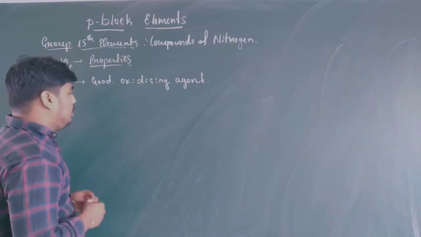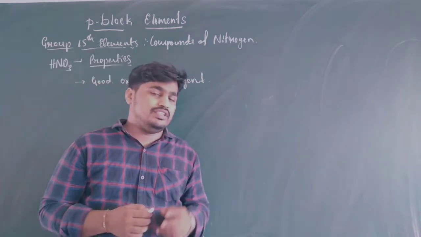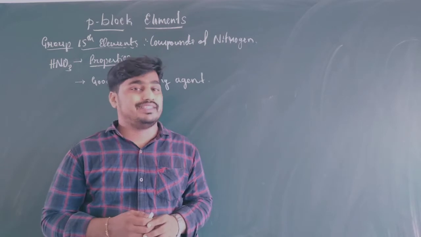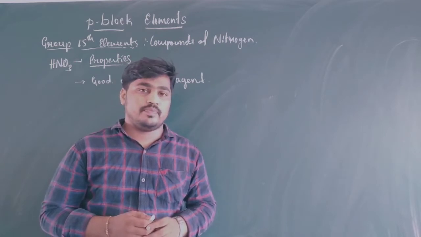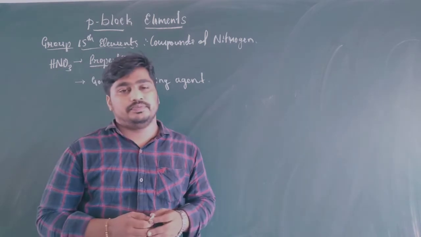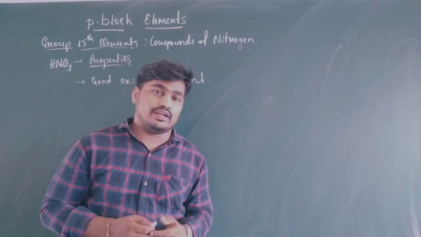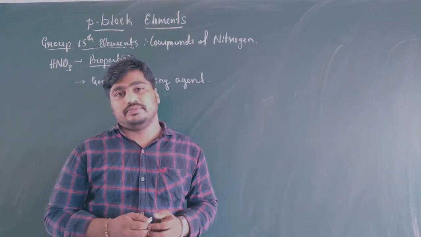Consider two important metals. These two are very important from your exam point of view also. One is copper, another one is zinc. How copper reacts with nitric acid, how zinc metal reacts with nitric acid.